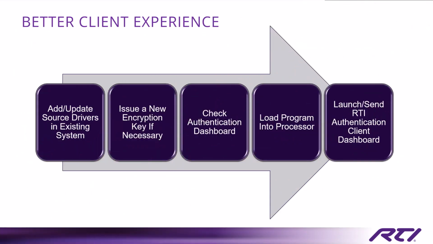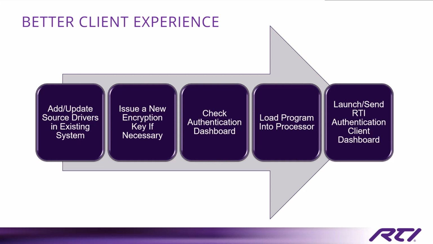In summary, the process is straightforward for using the new RTI authentication within an existing project. First, we add or update the source drivers to the existing system file workspace. Always make sure to configure those sources for proper communication. Next, if we're reusing a program file on a new project, we need to make sure to create a new network encryption key under the system properties.